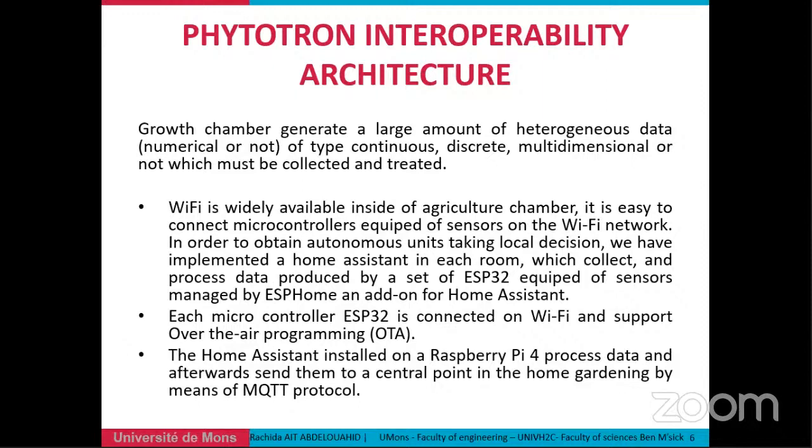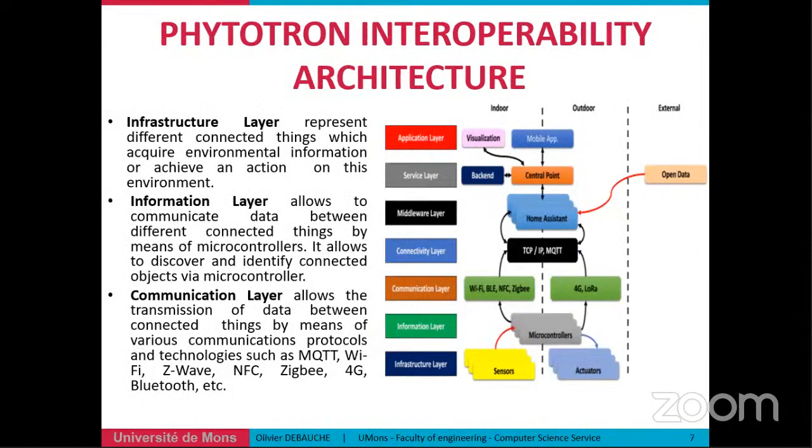Each ESP32 microcontroller is connected on Wi-Fi and supports OTA programming. The Home Assistant installed on a Raspberry Pi processes data and afterward sends them to a central point in the home garden by means of the MQTT protocol. This is the generality of our proposed architecture.